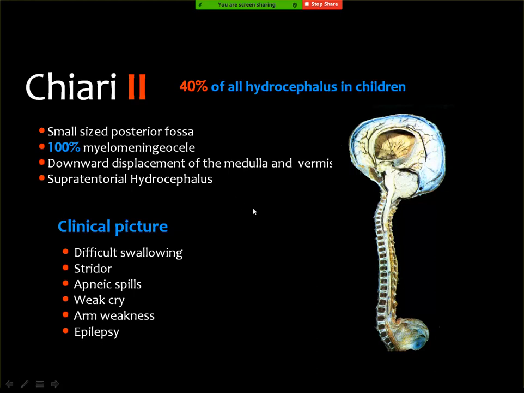Then one of the important issues whenever you are confronted by a case of supratentorial hydrocephalus is to ask the parents of the patient if he or she has a meningocoele. This will support the diagnosis of Chiari.